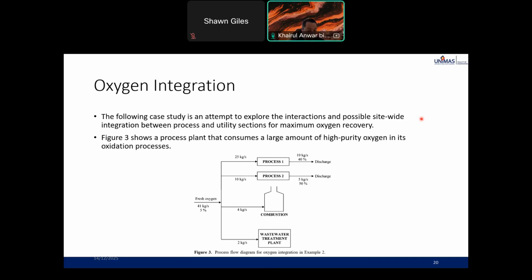So that is for the nitrogen. This is for the oxygen. Still in gas cascade analysis. Let's explain it. Figure 4, isn't it? Figure 4.